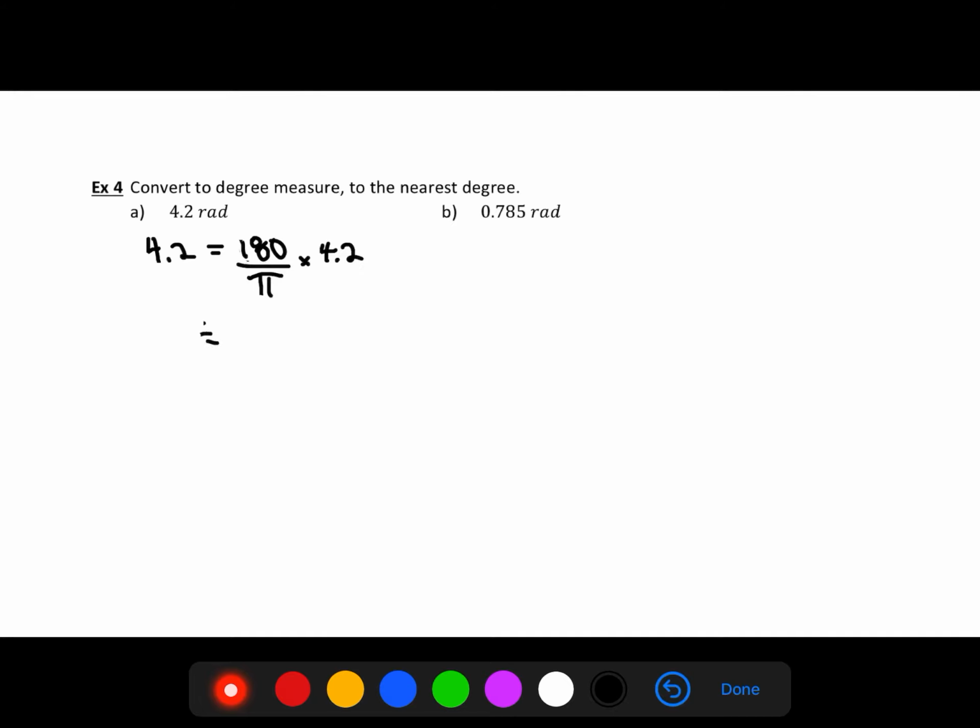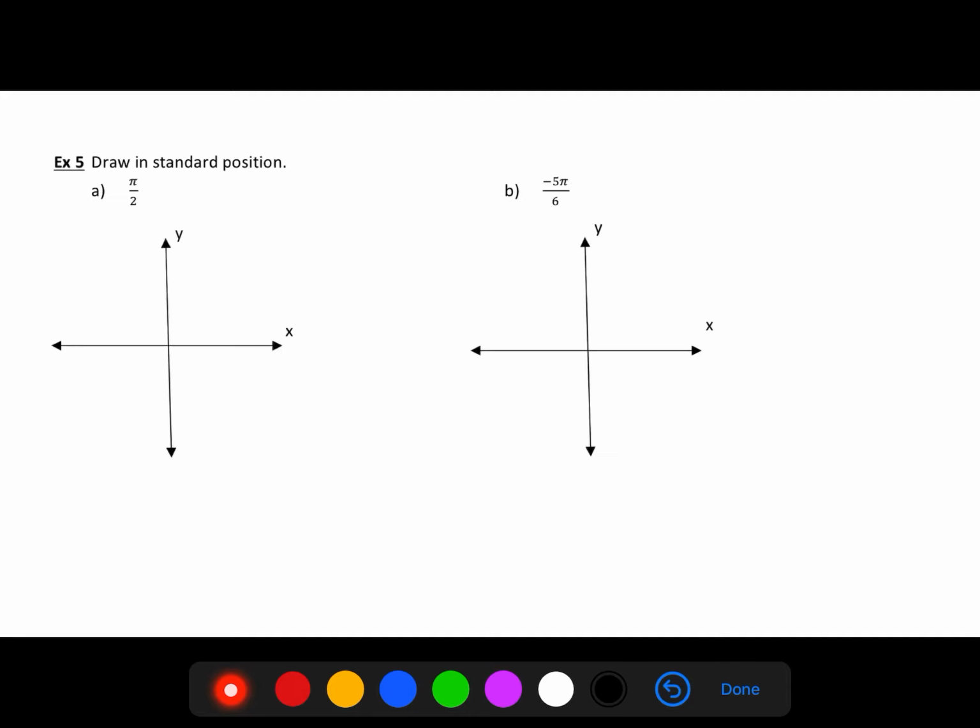Again, we can just put this straight into our calculators: 180 divided by our pi button times 4.2. We're going to round to the nearest degree, which is 241 degrees. Same thing here: 180 over pi times 0.785. In our calculator, rounding to the nearest degree, we get 45 degrees.